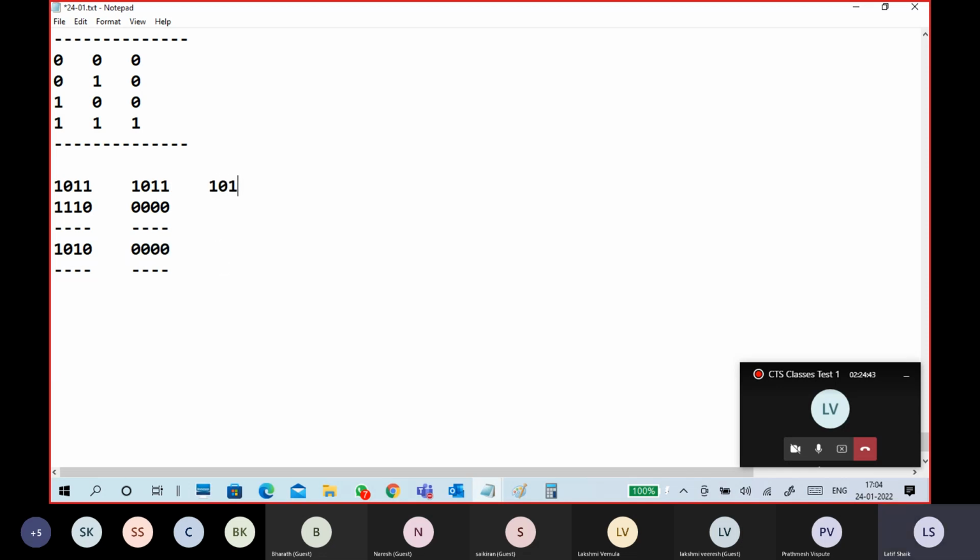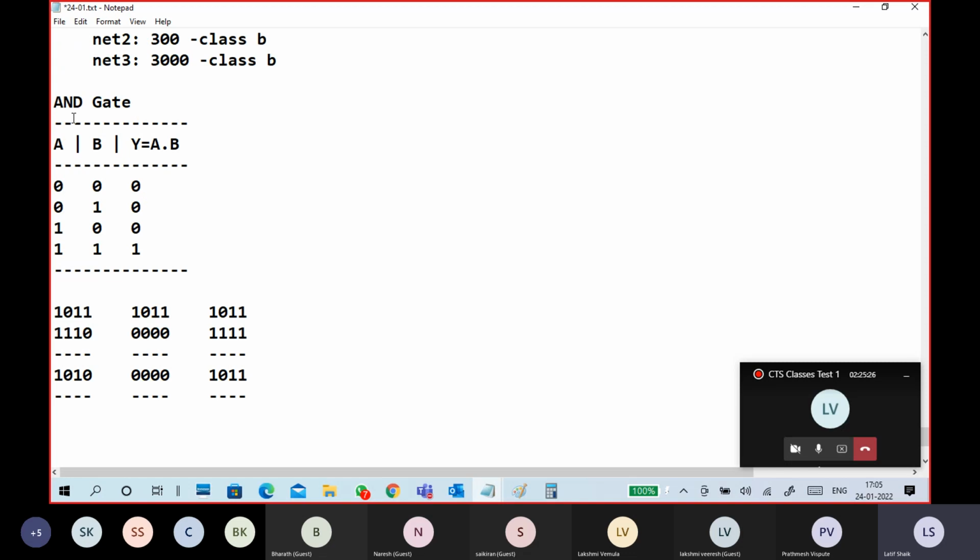If in the other input all are ones only, and you have an input like 0 0 1, then the same input will repeat. You can see this and this one are same. Why? Because wherever the ones are, those ones will come up. Where zeros are there, definitely 0.